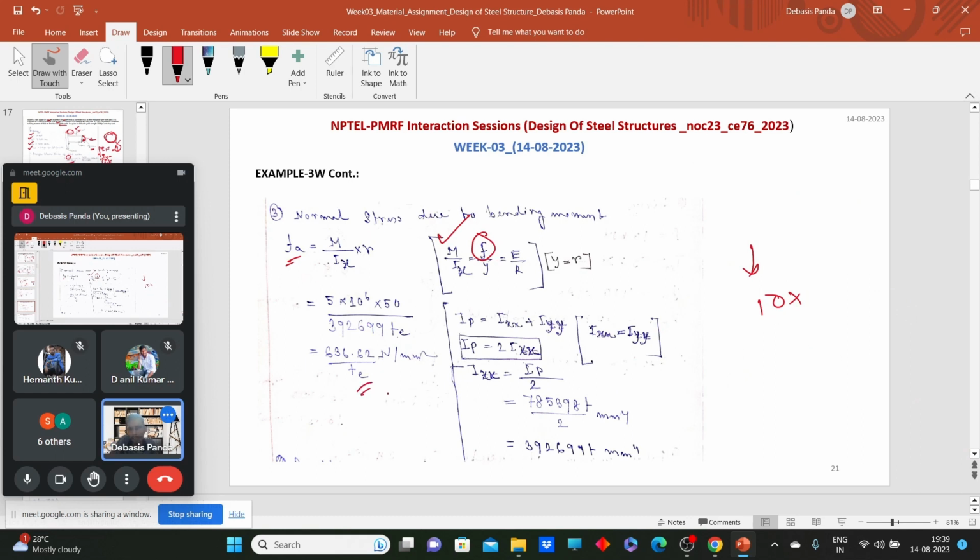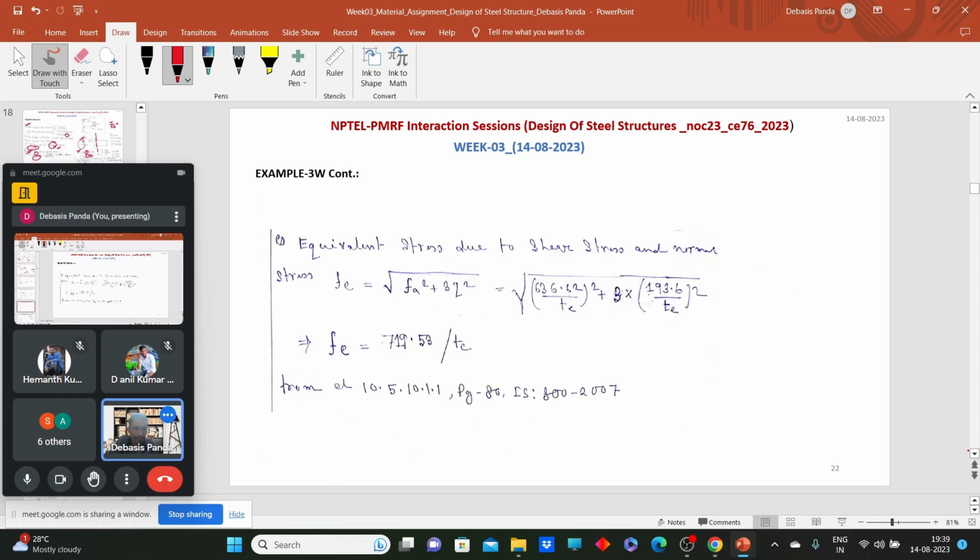Now we have two stresses. One is q, shear stress. One is normal stress. Now what do we need to do? We need to find out the equivalent stresses. How can we find out the equivalent stresses? Just go to clause 10.5.10.1, which says your equivalent stress will be under root of fa square plus 3q square.